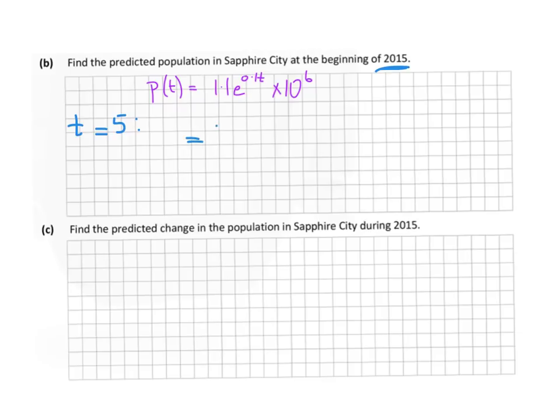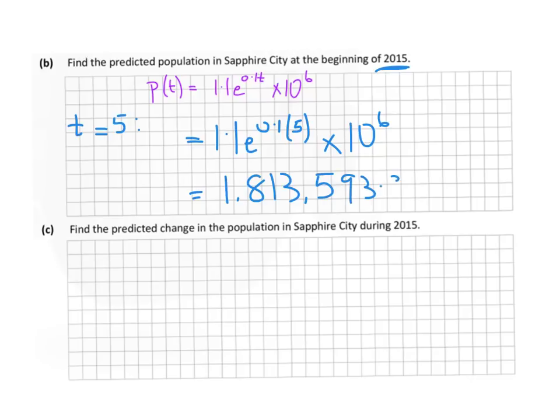So that's going to be equal to 1.1 e to the power of 0.1, and instead of t, I'm multiplying it by 5, and that's all multiplied by 10 to the power of 6. Putting that into my calculator, I get an answer of 1,813,593.38.